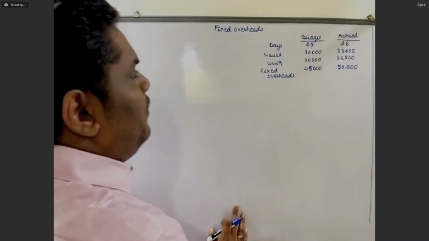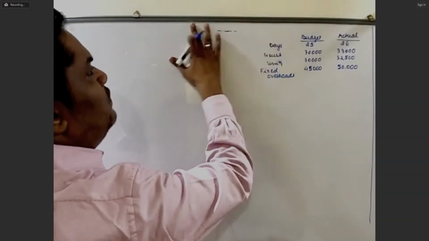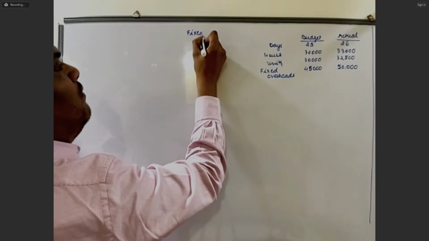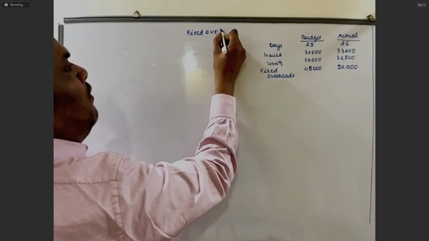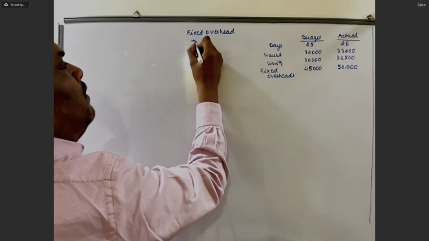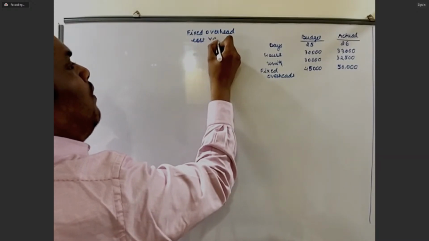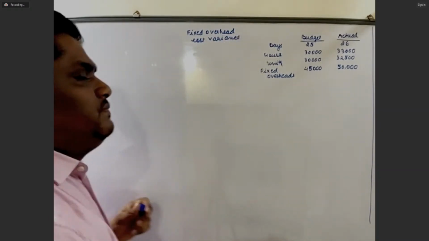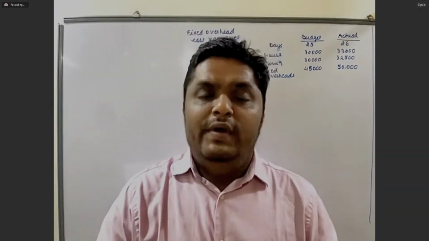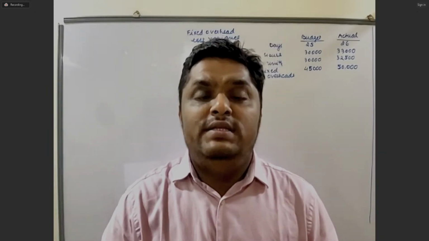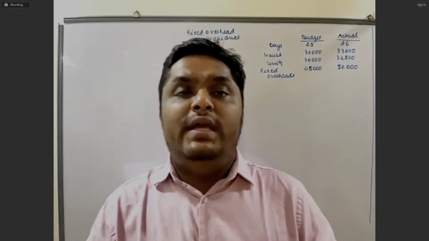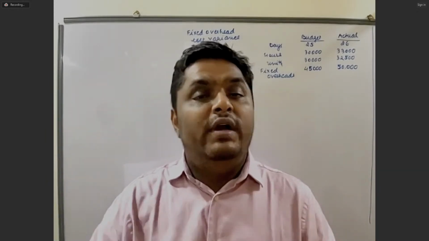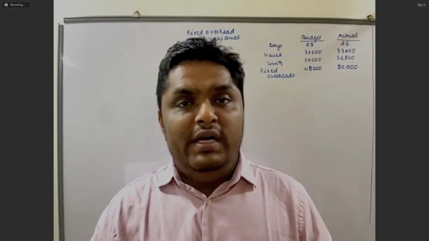The first and foremost thing we calculate in fixed overhead is the fixed overhead cost variance. When talking about fixed overhead cost variance, it talks about the under or over absorption of overhead that I've already covered in the fixed overhead chapter.